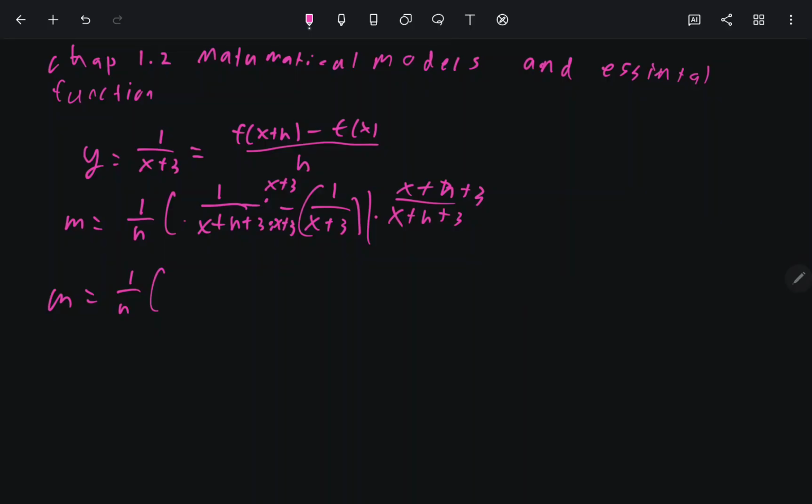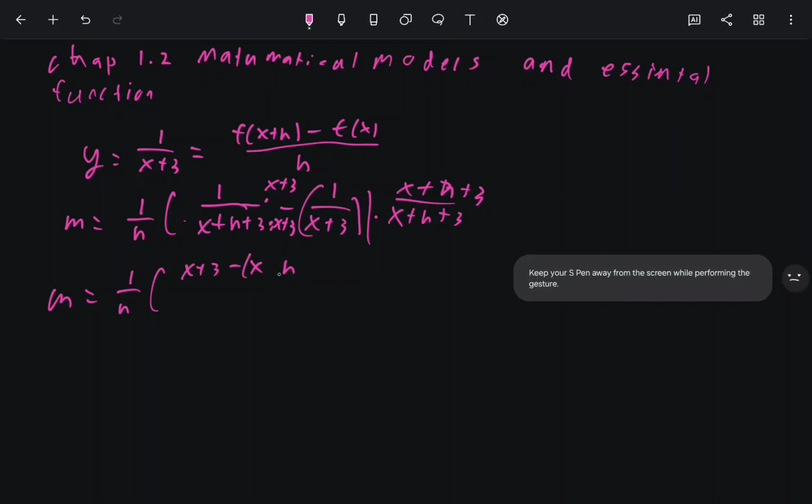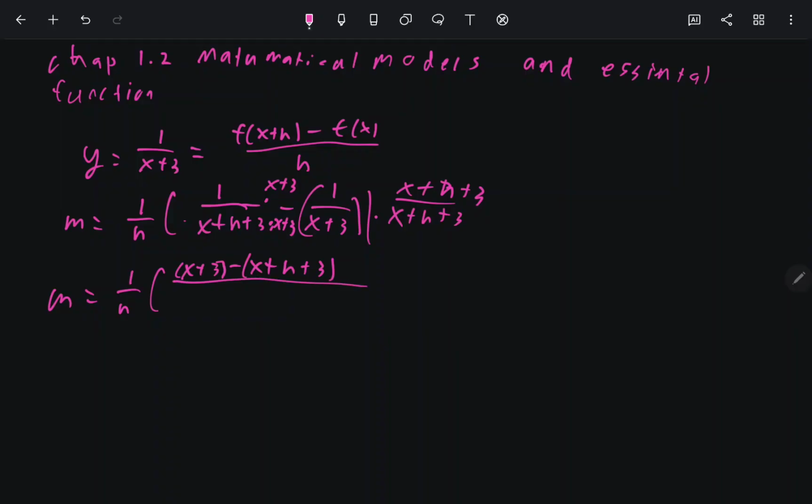So on this left-hand side, we are going to get x plus 3 minus, sorry, x plus h plus 3. Let's just put it in parentheses, make the cleanup a bit easier. Over x plus h plus 3 times x plus 3.